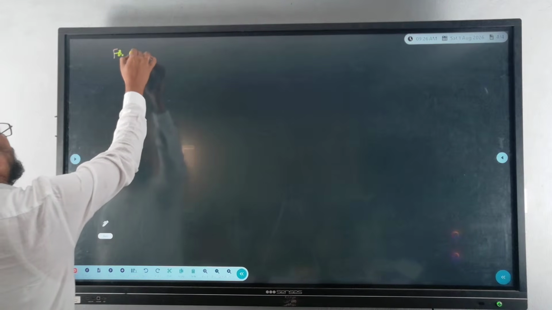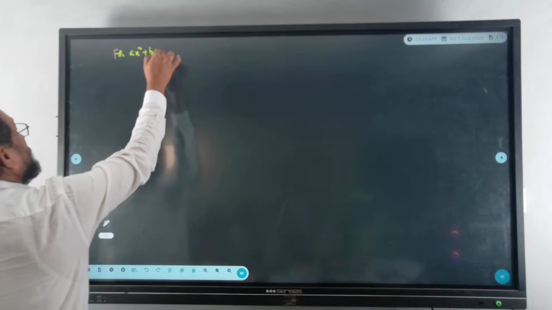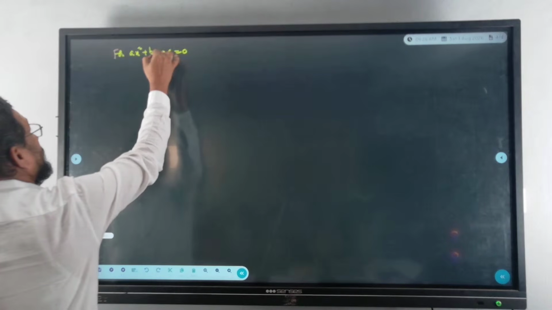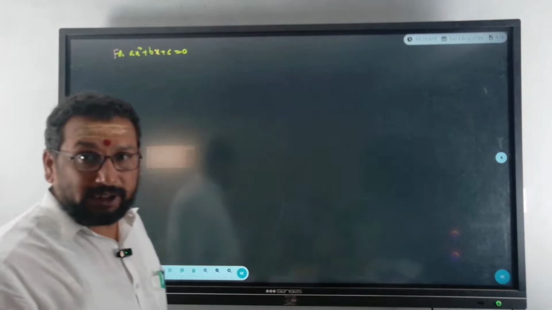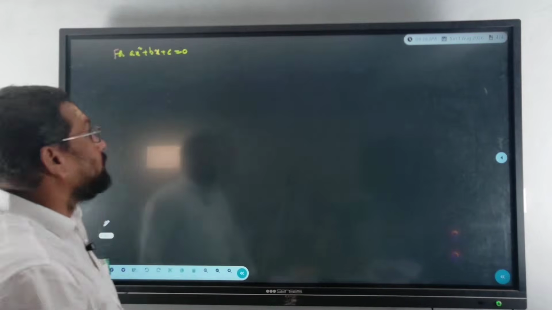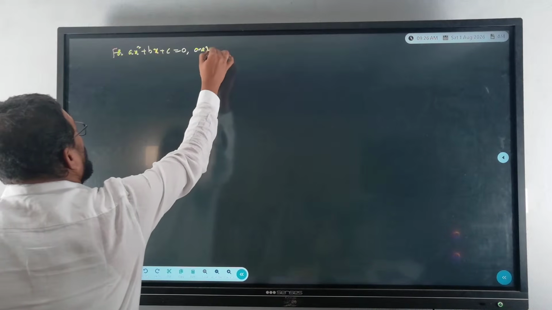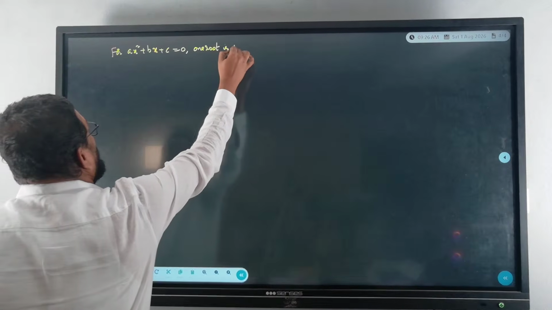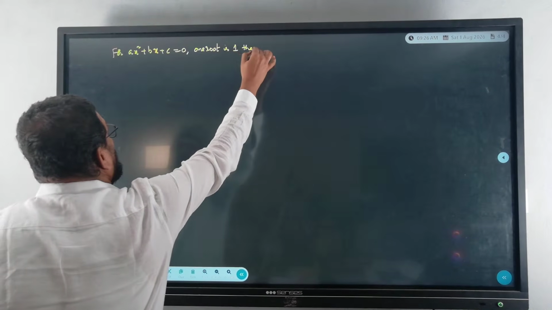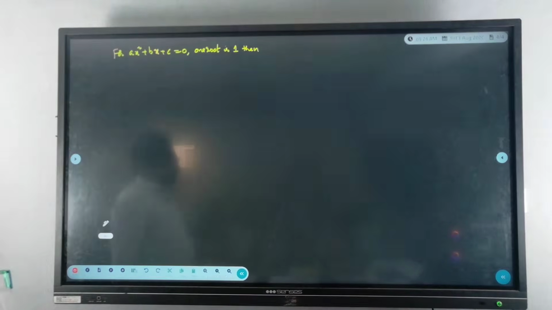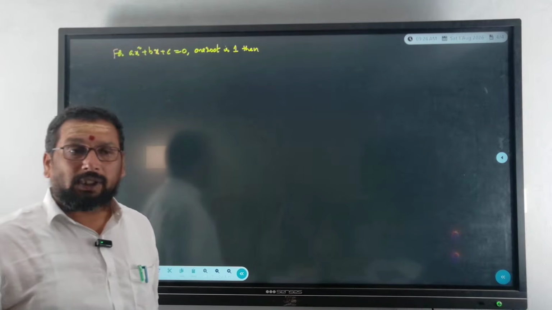For ax square plus bx plus c equal to 0, if one root is 1, then what are the conditions?